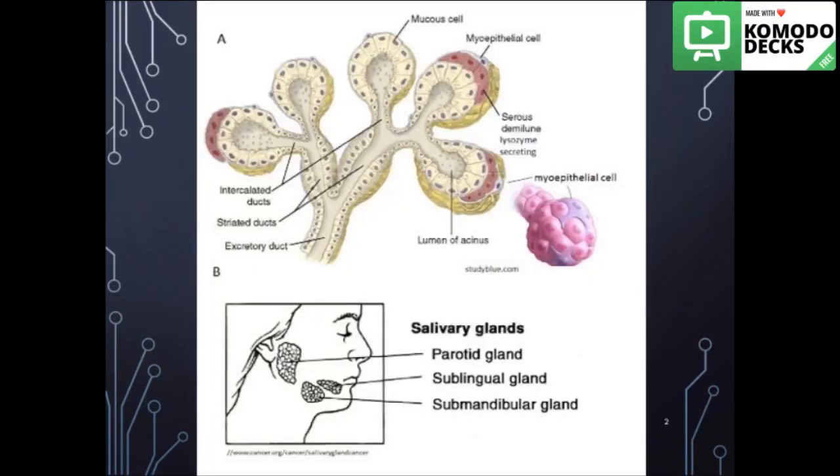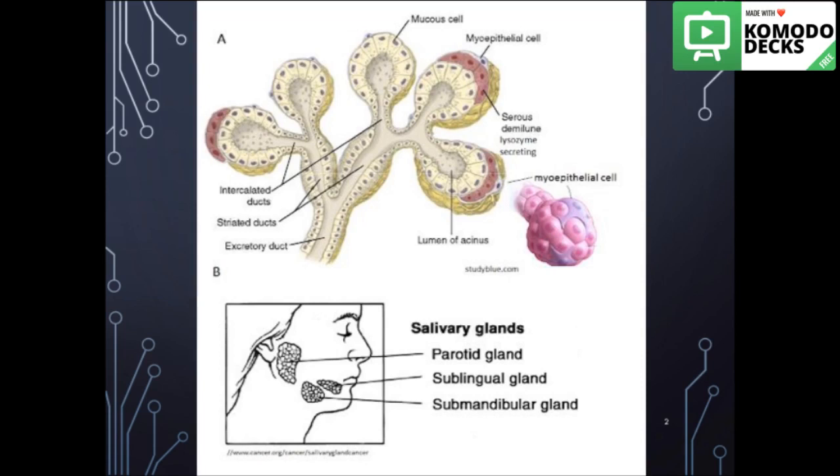As we have said, the salivary glands are arranged in a compound, complex branching of tubulo-acinar morphology.